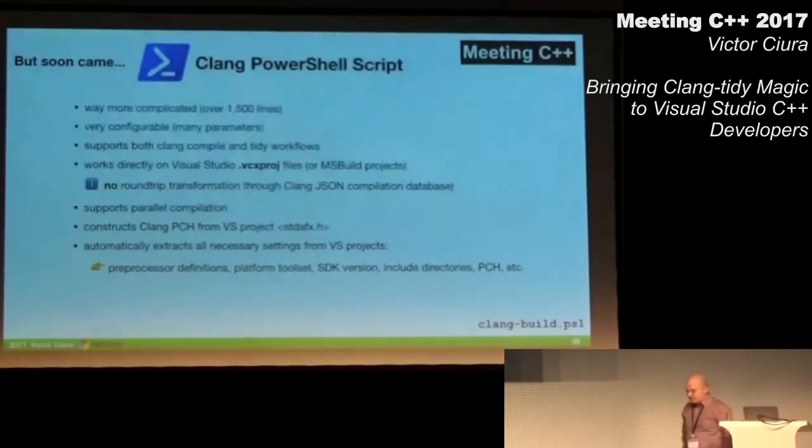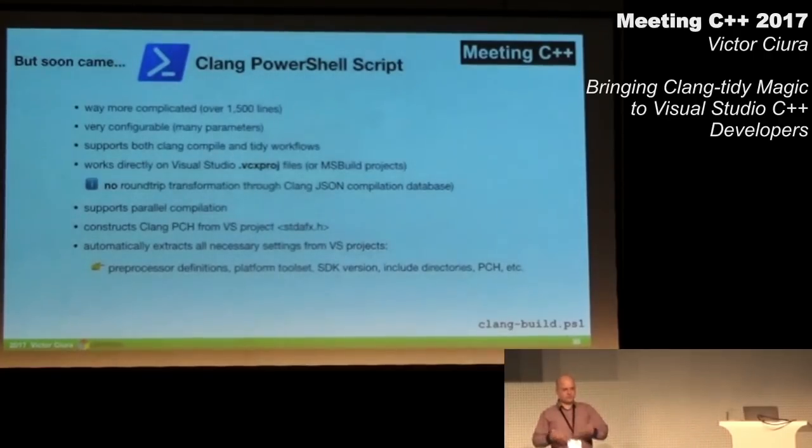So we soon ran into limitations on this approach, and we developed this PowerShell script. It's way more complicated, much larger, very configurable, with lots of working parameters, supports both compile and clang-tidy workflows, and works directly on Visual Studio project files or MSBuild configuration files.